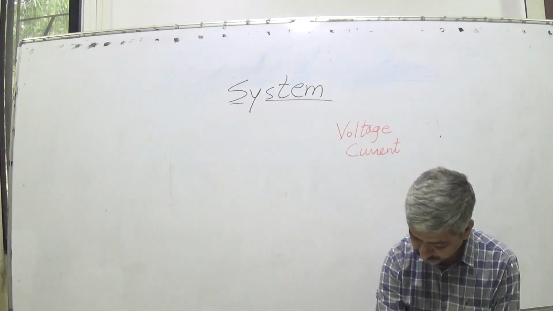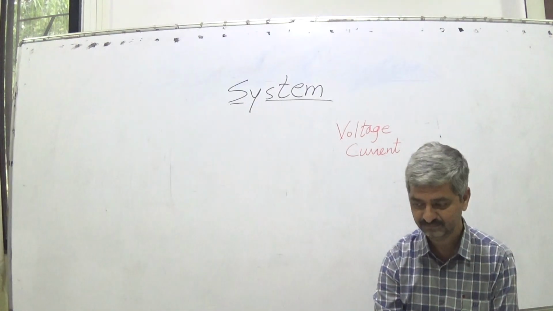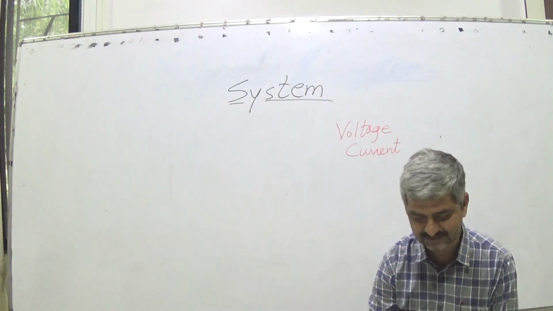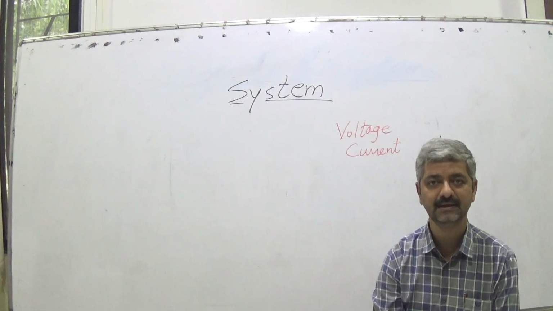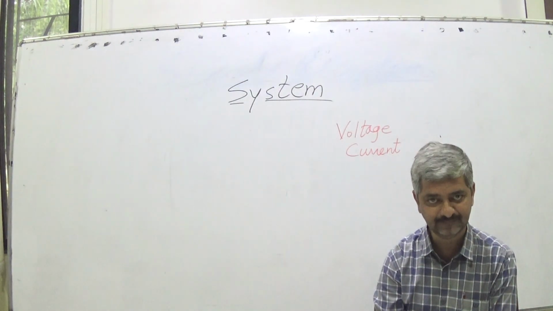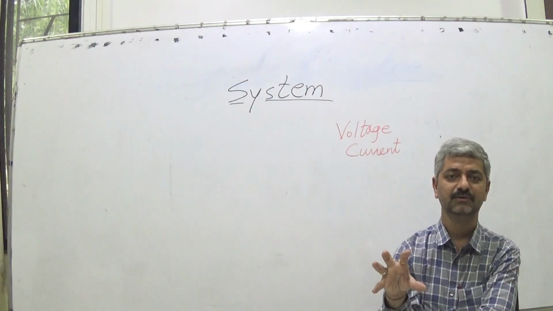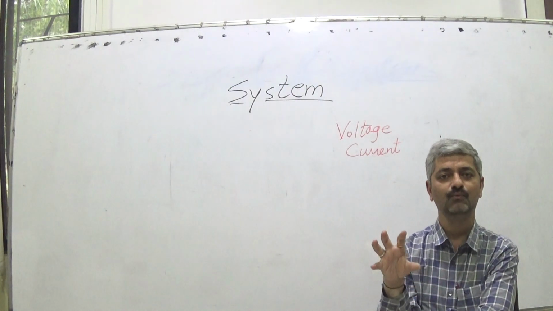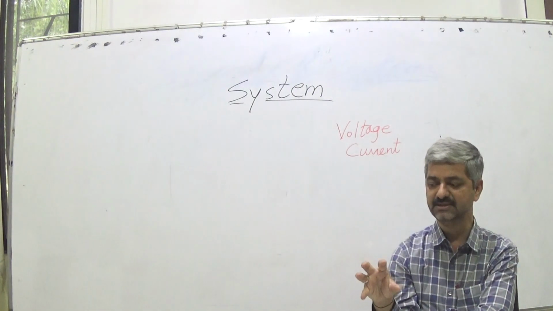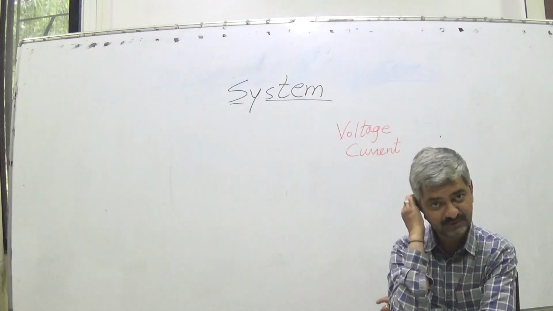Now, what is a system? To be very precise and simple, I will explain. A system is some physical arrangement to which one signal acts as input and the system results in another signal which is an output.